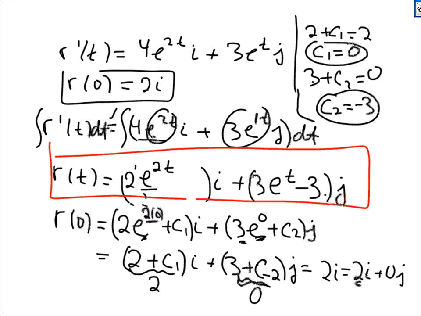So negative 3, and there is your answer: 2e to the 2t i plus 3e to the t minus 3 j. Let me just write this more simply: 2e to the 2t i plus 3e to the t minus 3 j. That's exactly what r of t equals.